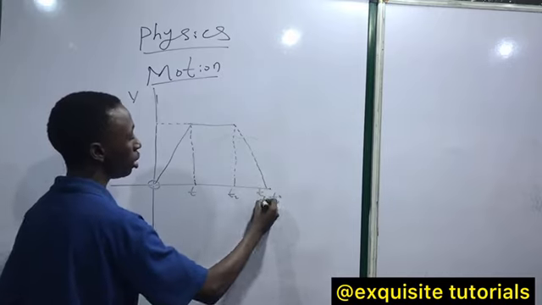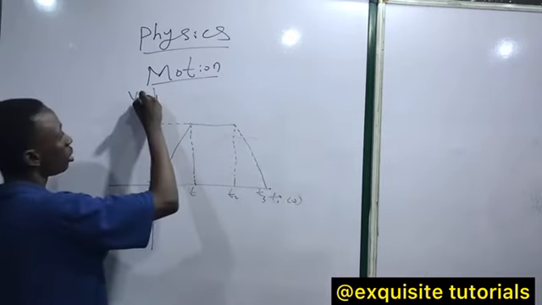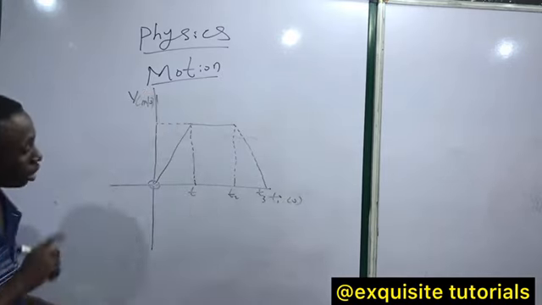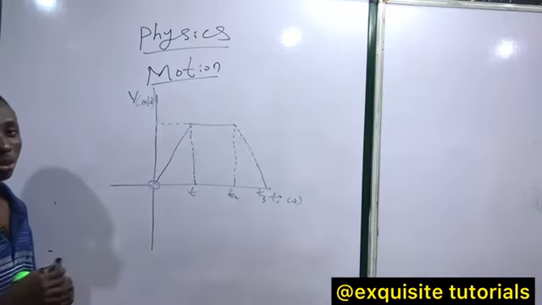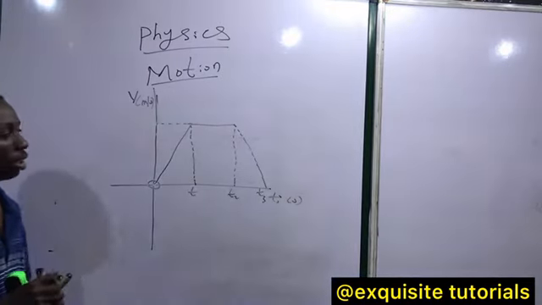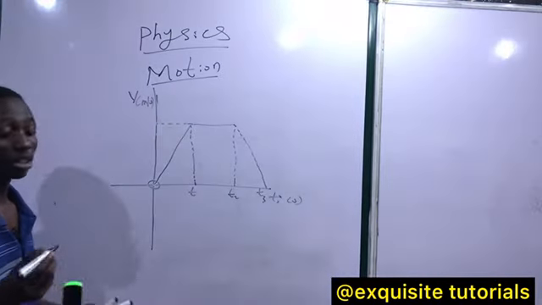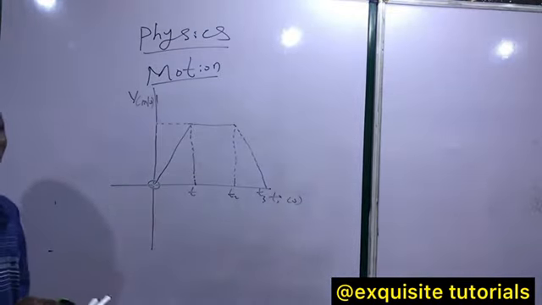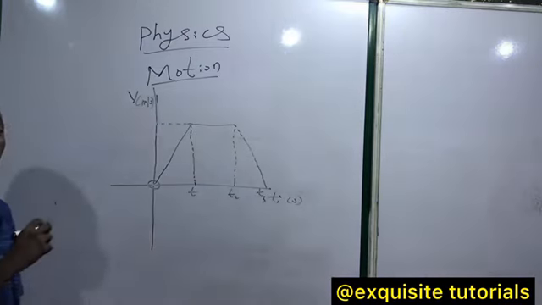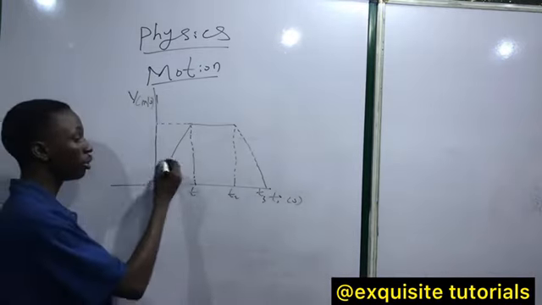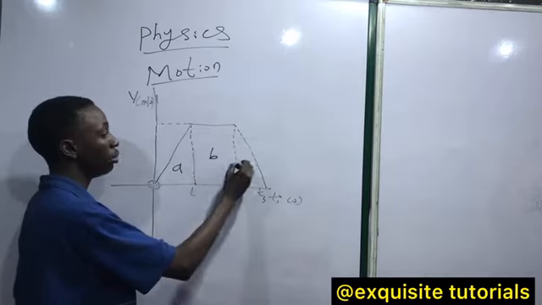Now they can ask you to calculate different parameters here. Let's say they say calculate the total distance covered by the body. That distance covered by the body is simply the area of all the shapes in this particular graph. In this place we have 3 shapes. We have shape A, shape B, shape C.